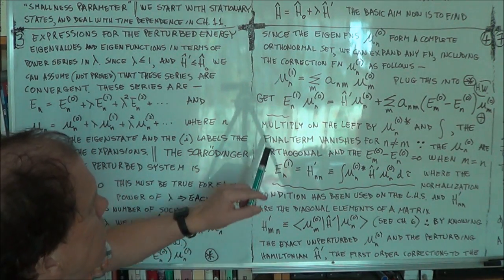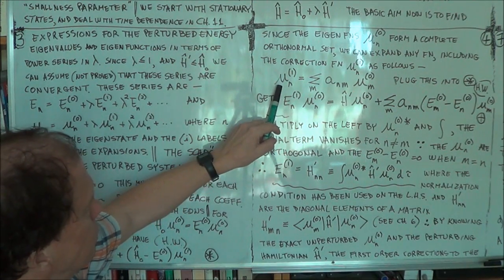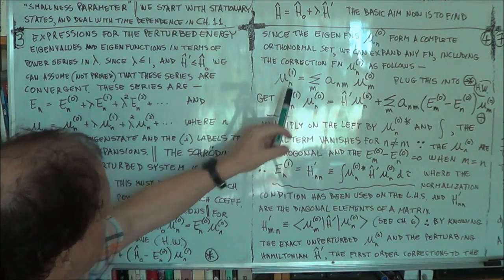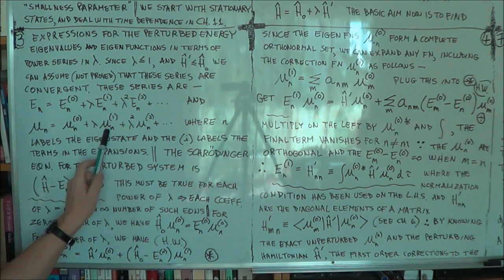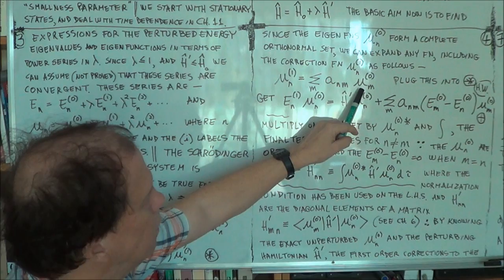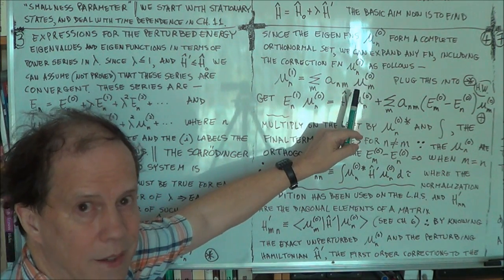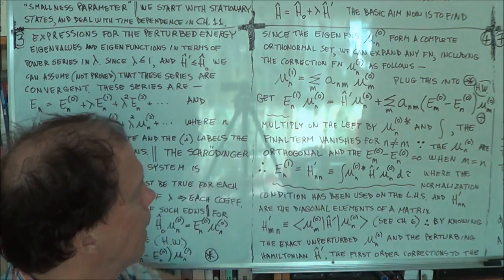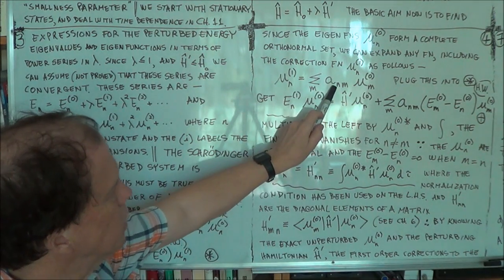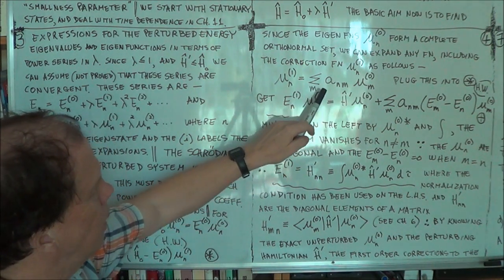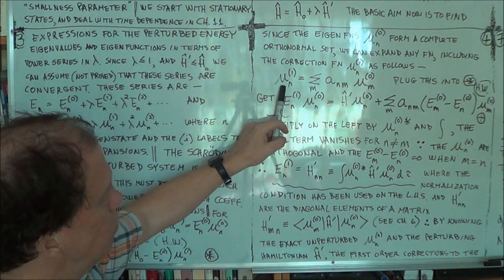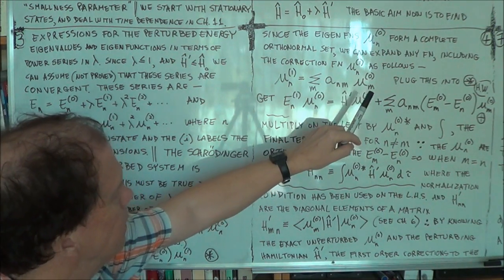So let's do that. We're trying to find an expression for un1, the first order correction to the eigenfunctions, and we're just going to expand it in terms of these basis functions. We did that from earlier theory. So these are just the coefficients, and so you have a weighted sum of basis functions giving you any term you like.